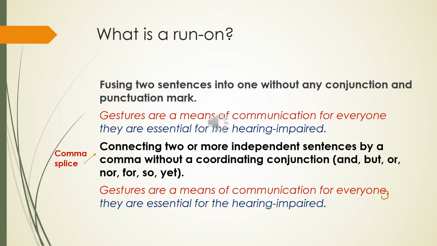They've given you an example of what that looks like. "Gestures are a means of communication for everyone," and then they put the comma there, "they are essential for the hearing impaired." So that sentence is a run-on or a comma splice. You would need to add one of those conjunctions there to make it an appropriate sentence.